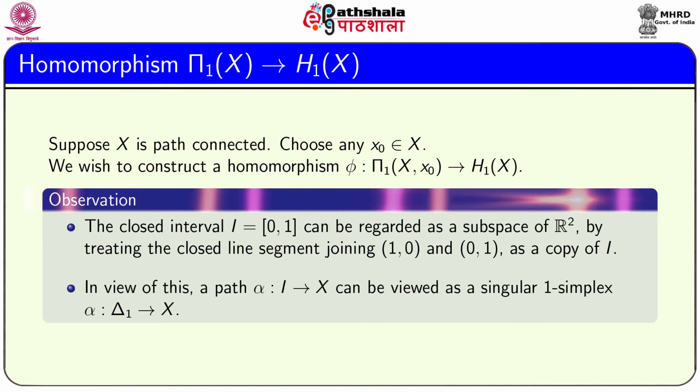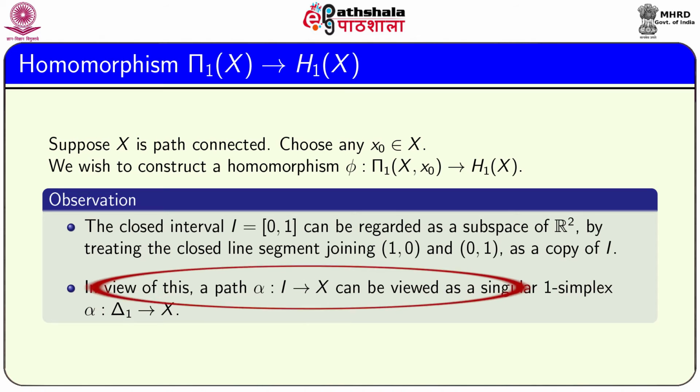Firstly, we observe that the closed interval I can be regarded as a subspace of R2 by treating the closed line segment joining (1,0) and (0,1) as a copy of I.